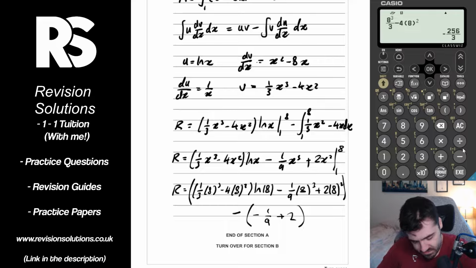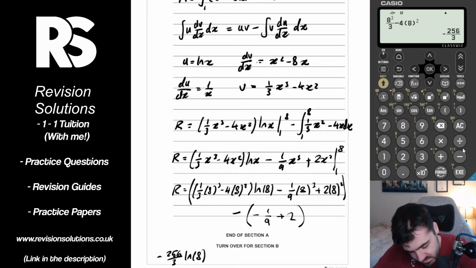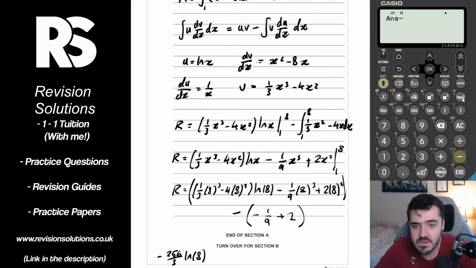Minus 256 over 3. 256 over 3, natural log of 8. And then the constant terms, we've got minus 1 over 9, 8 cubed. Then plus 2 lots of 8 squared.